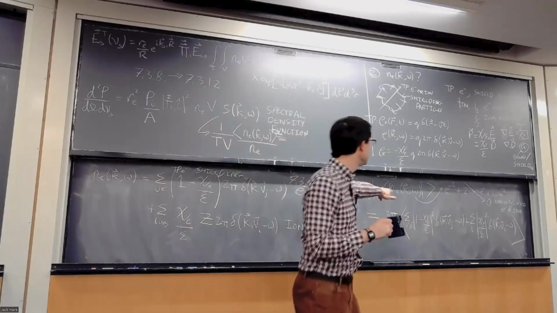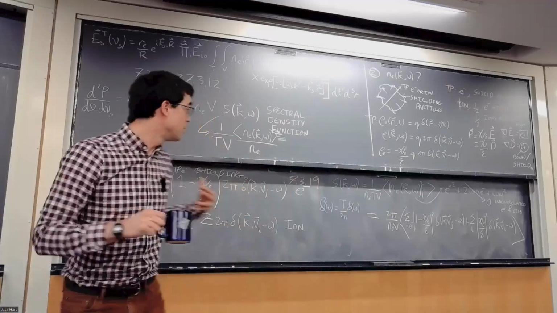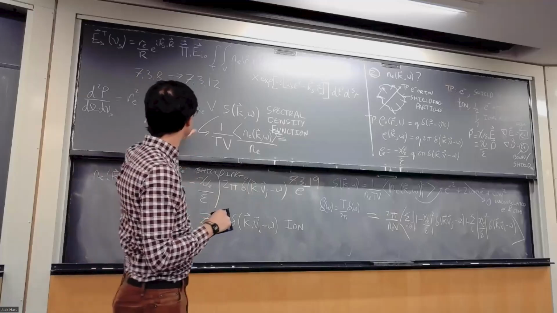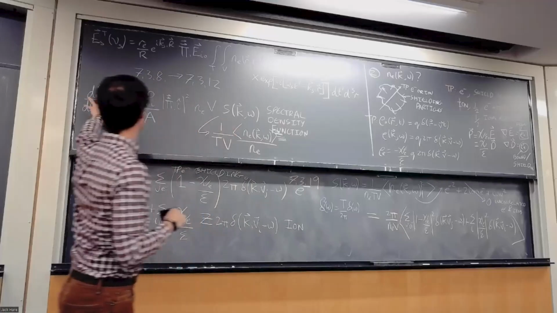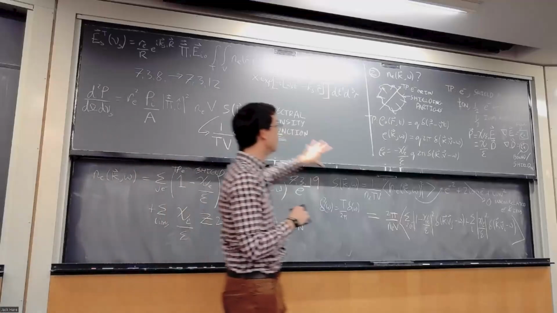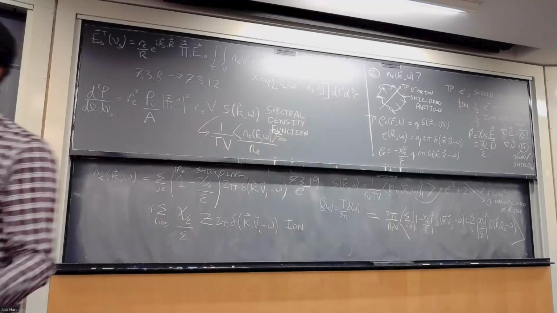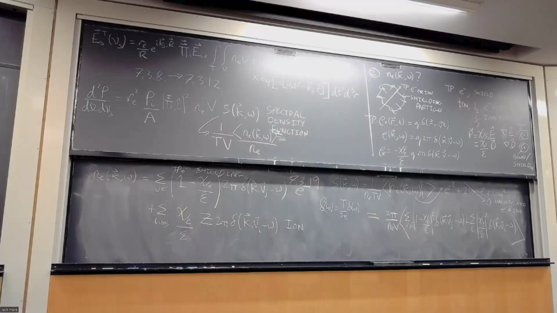So this is n times n star, right? The power that we measure depends directly on S of k and omega. The power we measure has to be a real quantity. We can't measure an imaginary power, and so therefore this needs to be a real quantity as well. So we're just making sure we've only got the magnitude of it, not its phase.